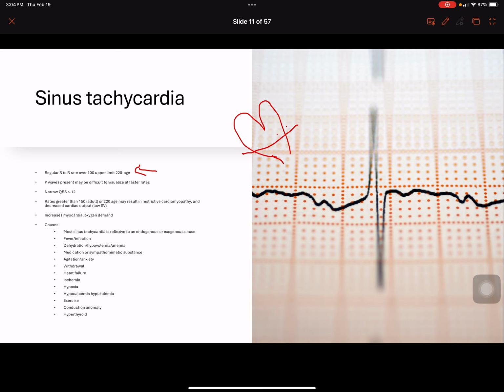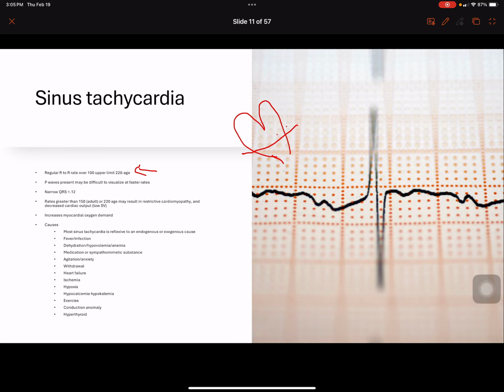So we start to see decreased filling of the heart. And that's problematic, right? We need blood to have cardiac output. So in addition to that, the muscle is working a lot harder. It has increased oxygen demand, and it can increase the risk of myocardial ischemia. So all of those things are bad. And so because of that, we treat tachycardias that are symptomatic when we don't have other causes, right?